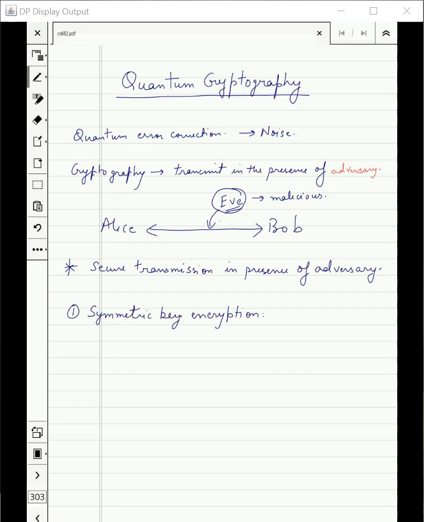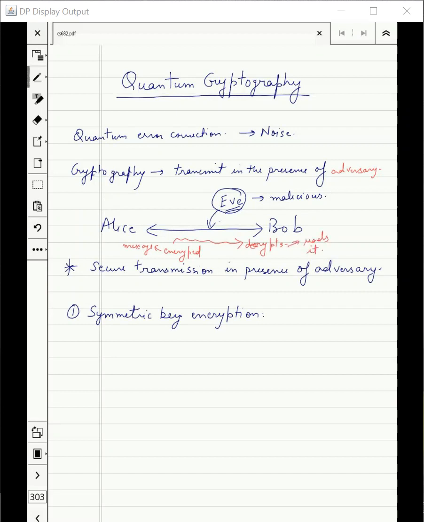Since we want to send a message which cannot be understood by Eve, the tactic is that whatever is your message, it is encrypted by Alice, then sent. Once it reaches Bob, Bob decrypts the message and then reads it. Just to make sure that you understand the terms, encryption and decryption, very normal.